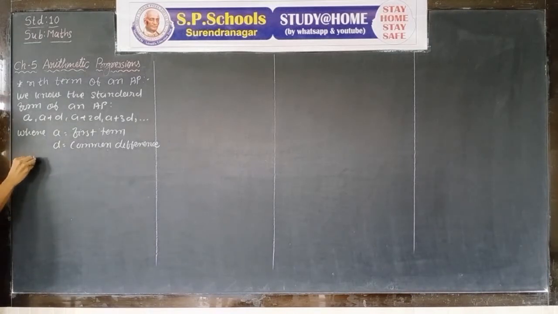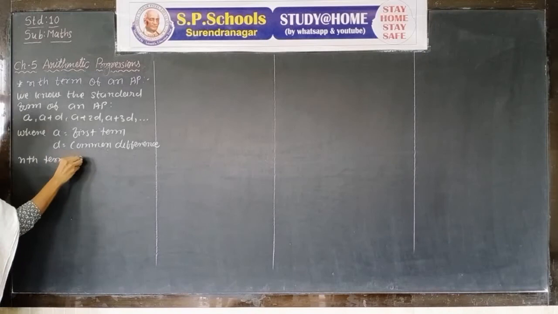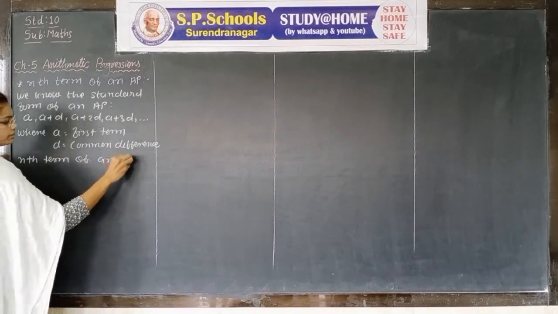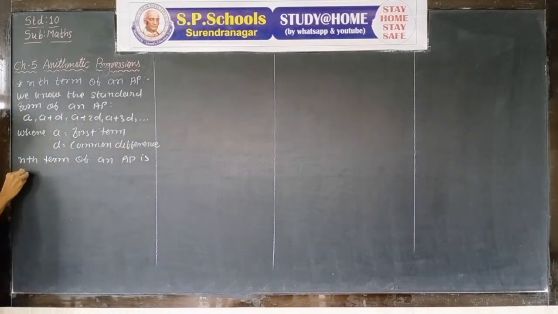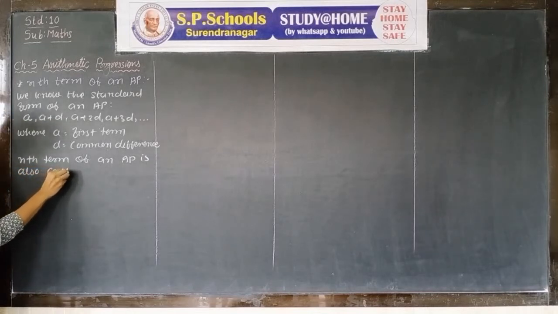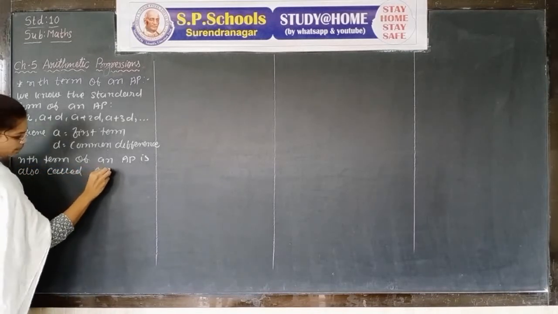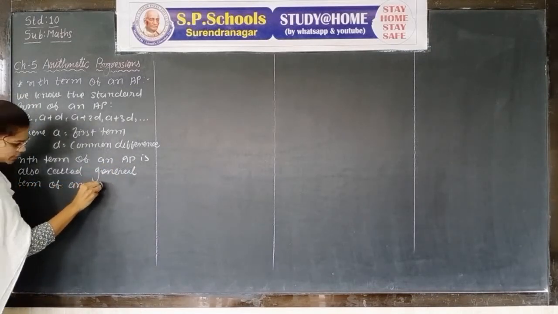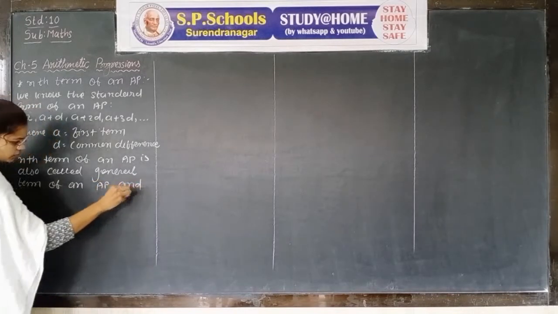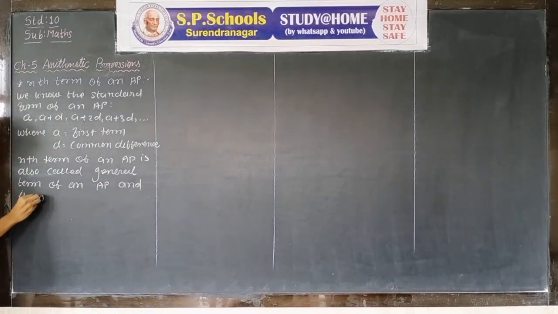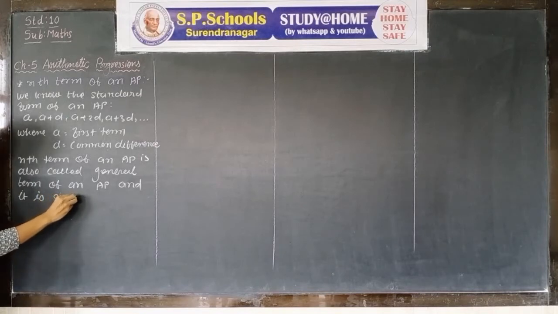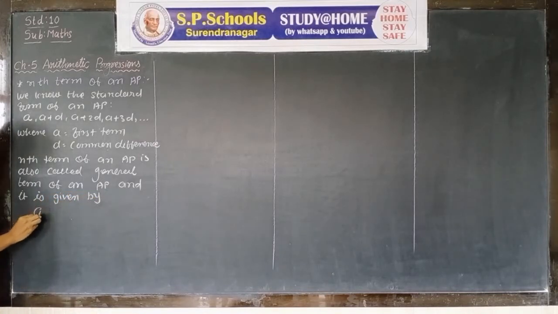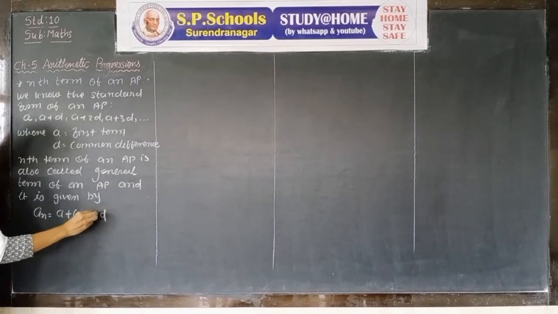The nth term of an AP is also called the general term of an AP, and it is given by an is equal to a plus n minus 1 into d.